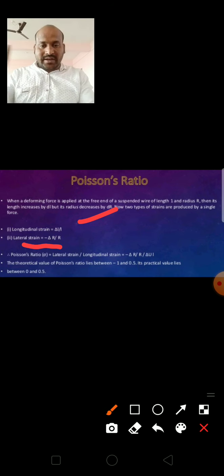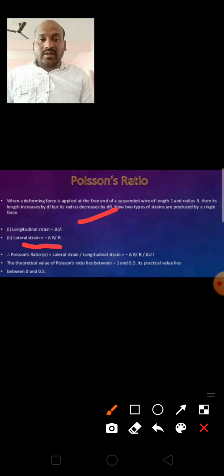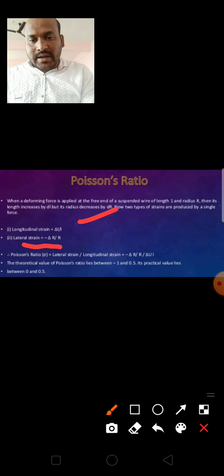Because the diameter decreases. Why is the longitudinal strain positive? Because the length is increasing, not decreasing. So that's why the negative sign arises in the radius. So the change of radius divided by the original radius r, or change of diameter to original diameter. So lateral strain divided by longitudinal strain is the expression for that.